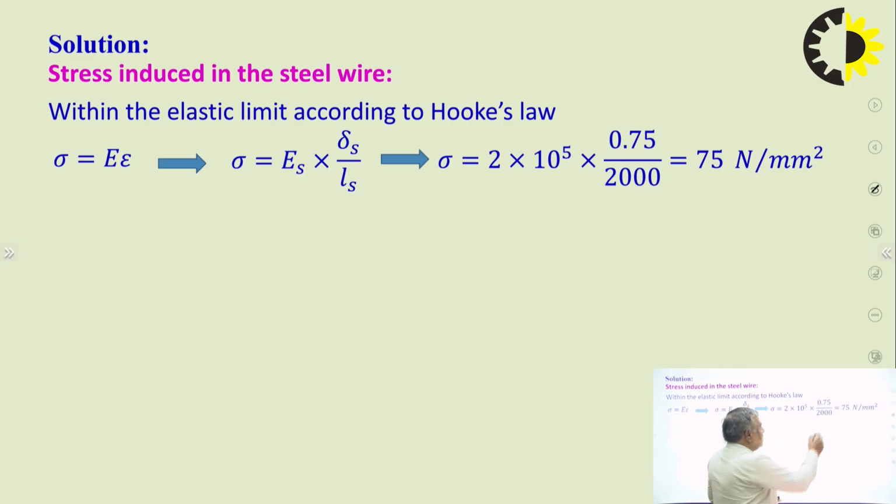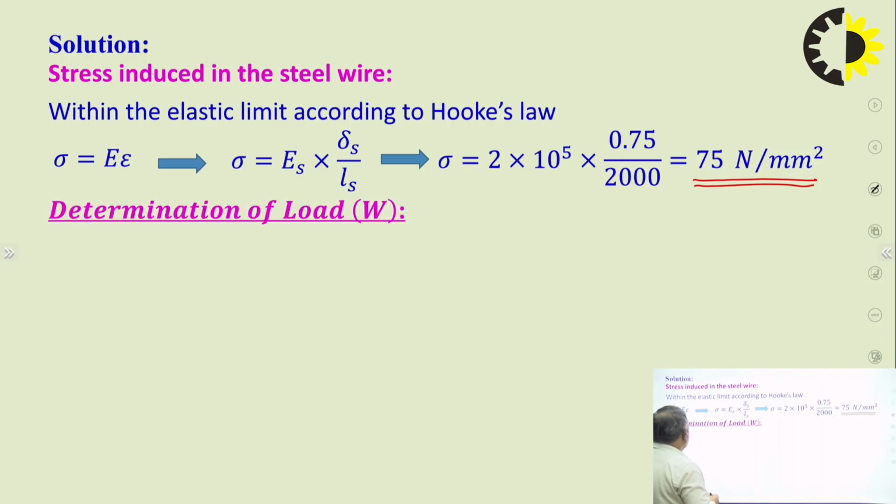So the stress for the steel wire is 75 Newton per mm square, and this sigma is load upon area. The diameter of the steel wire is given, sigma we have determined, so W can be determined. That W we will apply on the brass wire, and for the brass wire we will determine the modulus of elasticity.